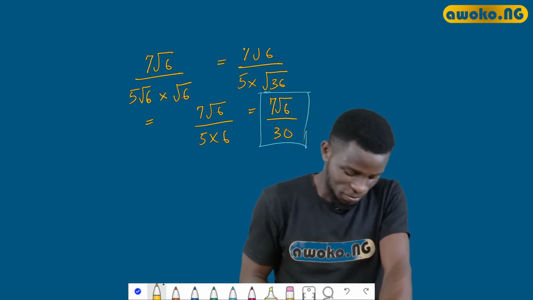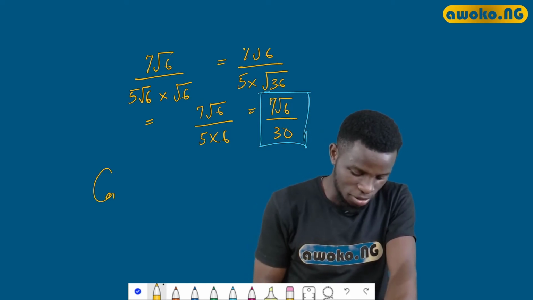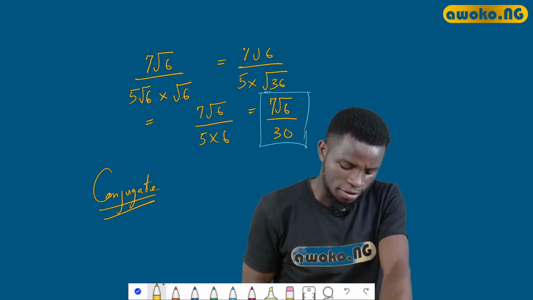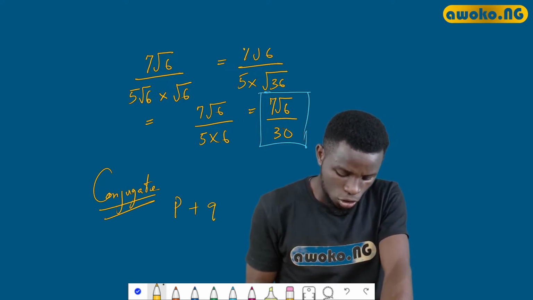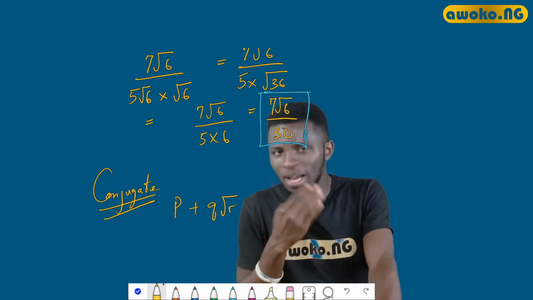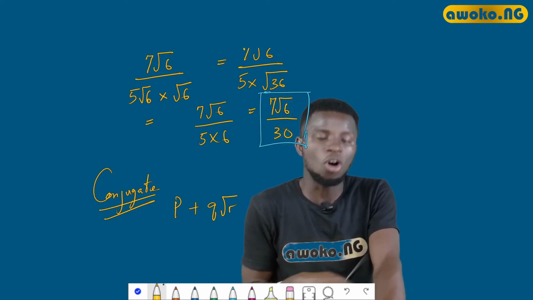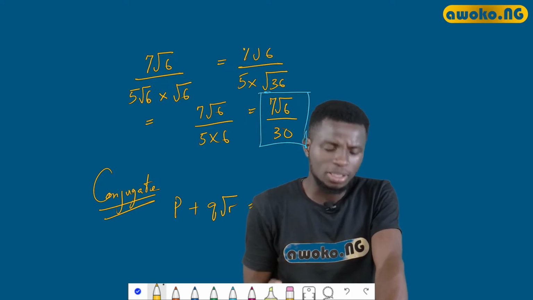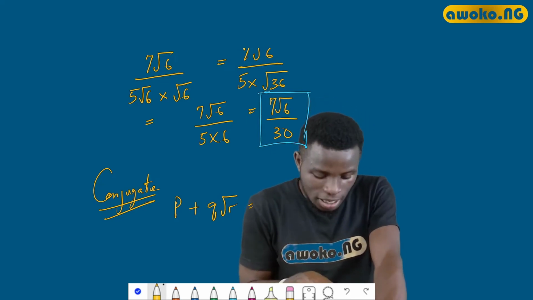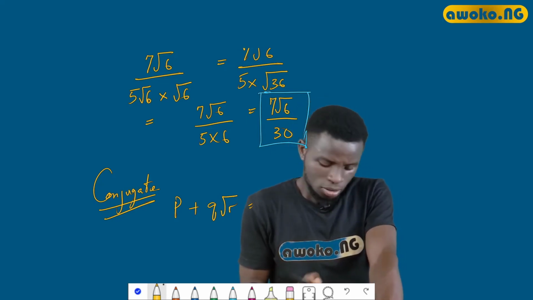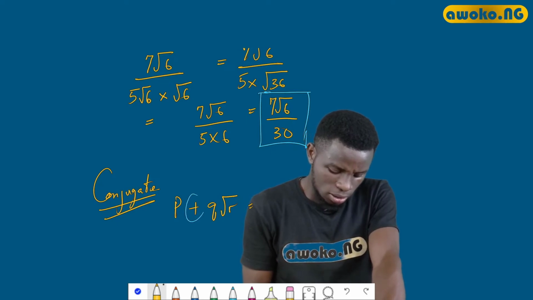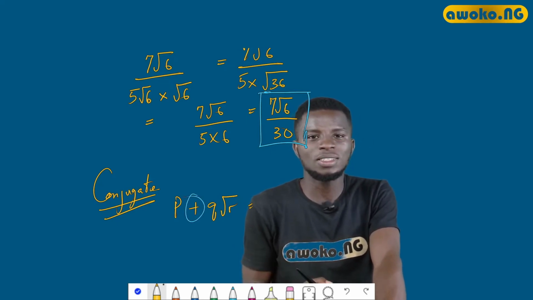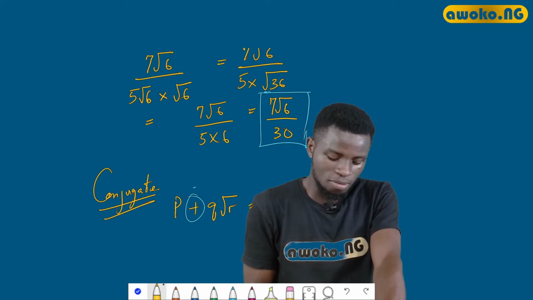Let me introduce what a conjugate is. If we have P plus Q root R as the expression we want to find the conjugate of, the conjugate is simply this same term, but we change this sign to its counterpart, which is minus.